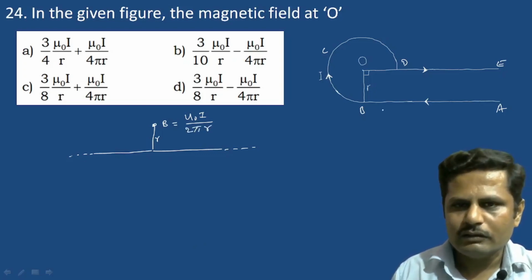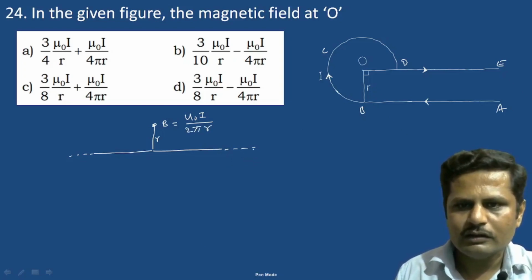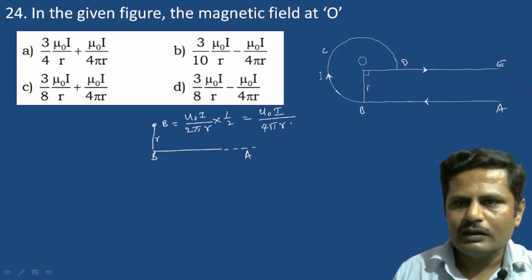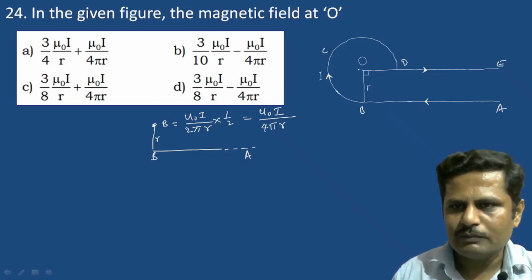But here we are considering only AB, so we are considering only half of this conductor. If we consider half of the portion, the magnetic field will become half, that is 1 by 2 times, equal to mu naught I divided by 4 pi R. This is the magnetic field produced by the segment AB, and its direction at this point is given by the right hand thumb rule.